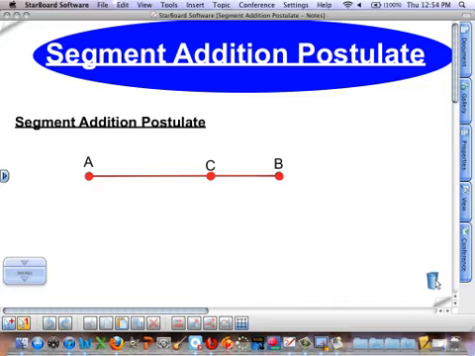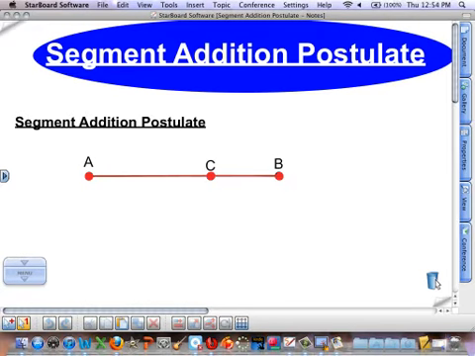What's special about the placement of C? It's definitely not the midpoint. It could be, though, right? Yeah, I think we can clearly say by this diagram it's not the midpoint. But more importantly, it is between A and B. And that's really important, that C is between A and B. So what could you guys tell me?